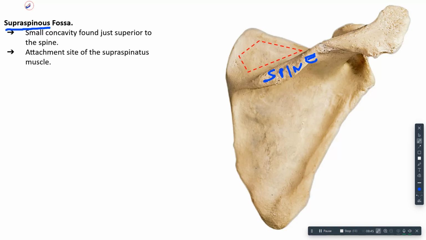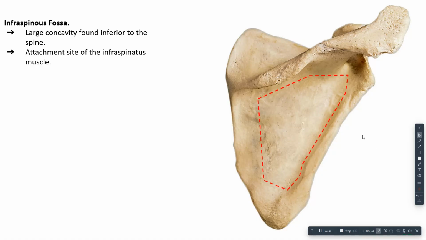Now, if there is a supraspinous fossa, well then, hey, this is not going to be a surprise. To be expected, there will be an infraspinous fossa, which is definitely a larger concavity, a big, large depression. That's what we mean when we say the word concavity.